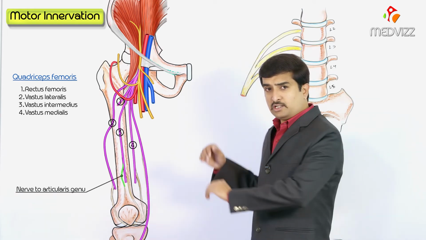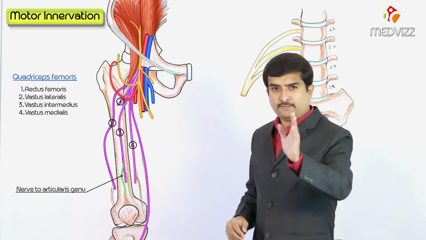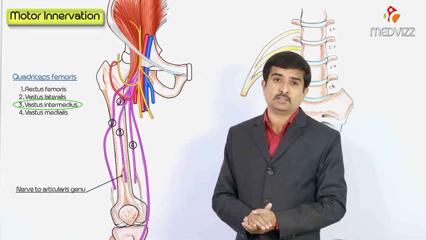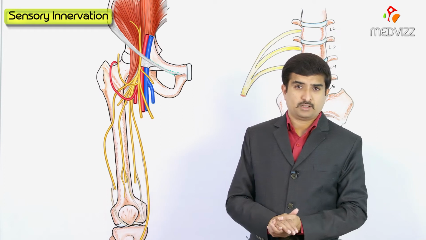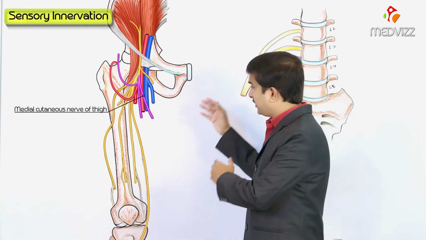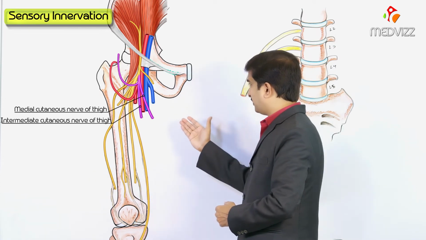And articular genu is supplied by the branch from the nerve to the vastus intermedius, and this is about the muscular branches. And when we talk about the sensory innervation, the anterior division gives off the medial cutaneous nerve of the thigh and intermediate cutaneous nerve of the thigh.